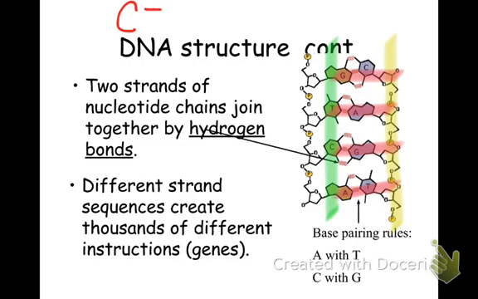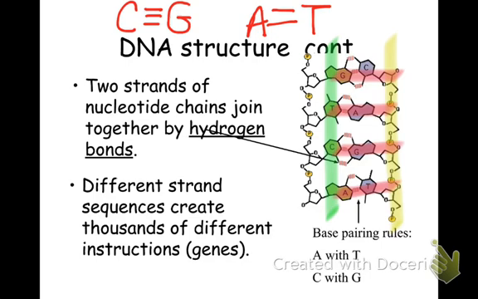C has 3 hydrogen bonds between G and itself. A and T have 2 hydrogen bonds. Remember, A pairs with T, C pairs with G. C having 3 hydrogen bonds, A and T having 2 hydrogen bonds.